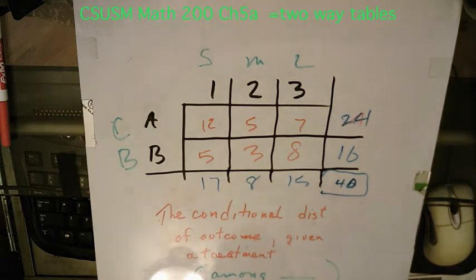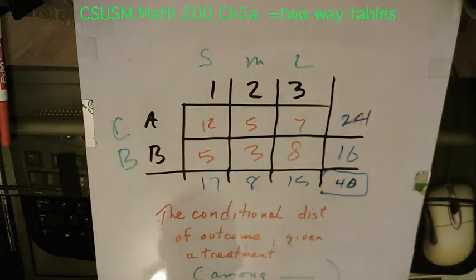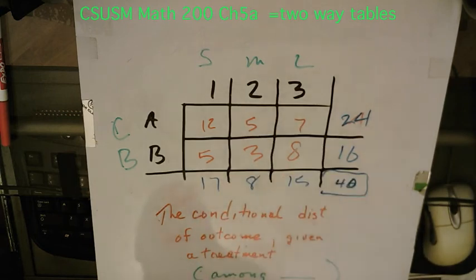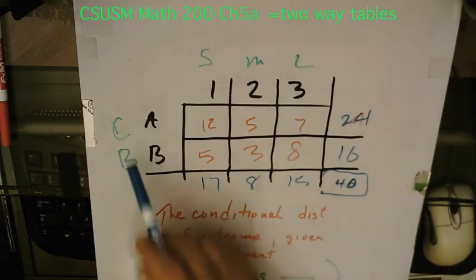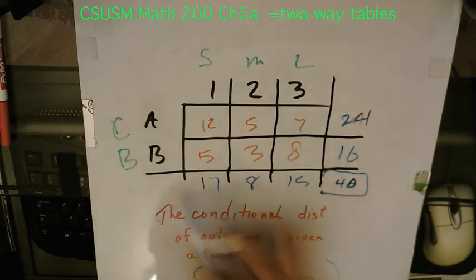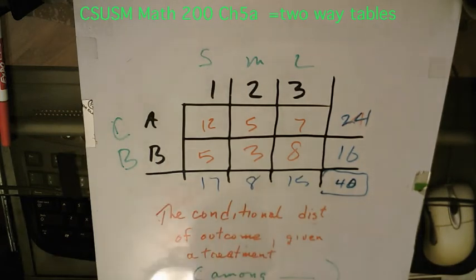So that's just basically the housekeeping of a two-way table. Now, these are not measurements. We're not comparing measurements. We're comparing some kind of category. Small, medium, large, cold and hot, blue and red, and we're just comparing these two things on this table.